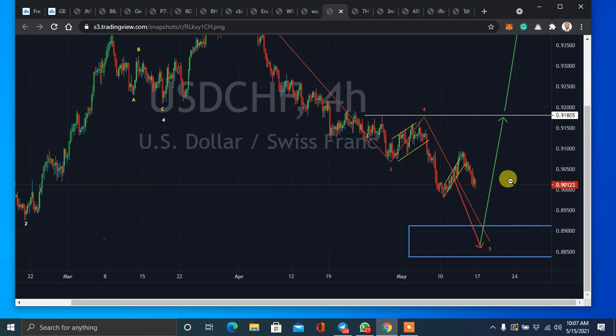It might go sideways while USD JPY is going up, or USD JPY might go sideways and this comes down. But nevertheless, I prefer to buy USD JPY and leave this one. If this one comes into the blue box fast, I will look for buy from here.